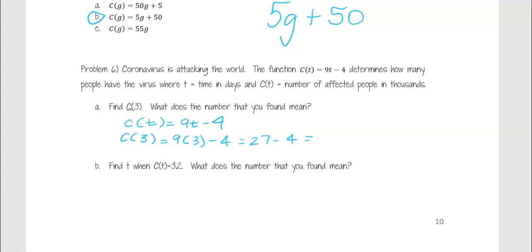Simplify. And that 23 means after 3 days, because that's what I plugged in, 23,000 people have been affected.